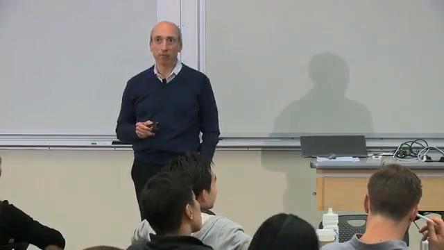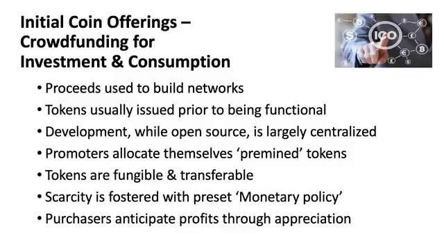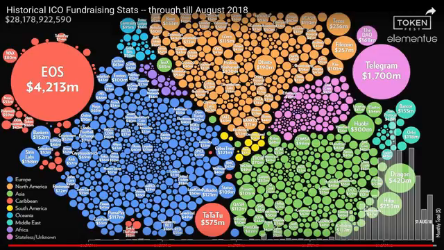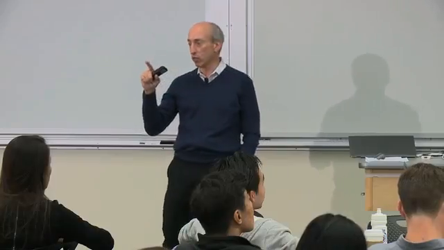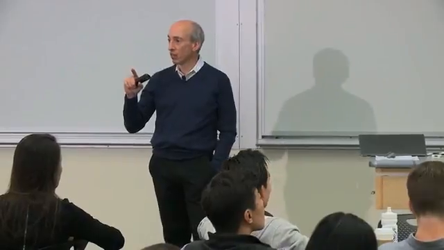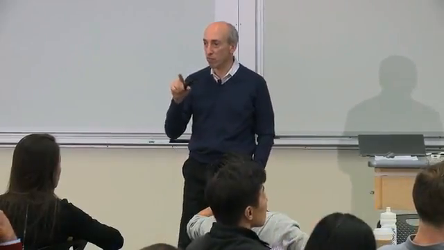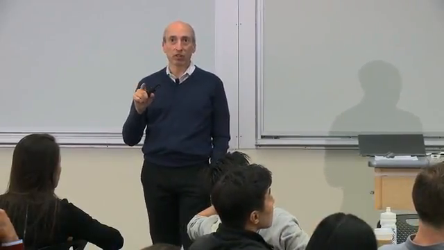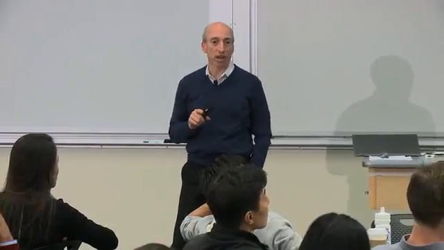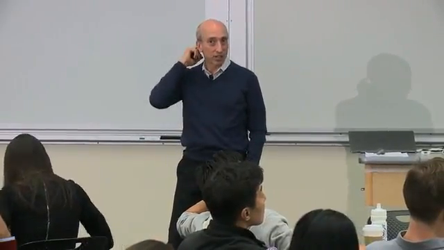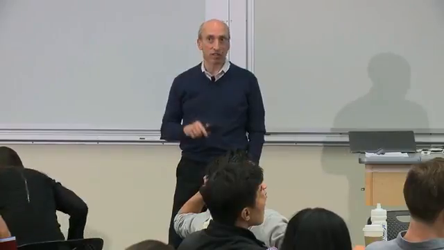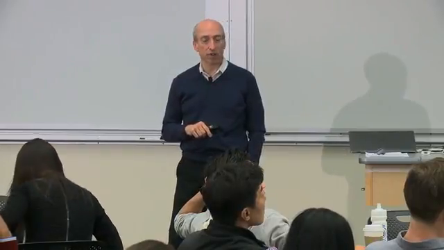Let me try to wrap up so that I can hand it off to Larry. There's been $28 billion raised, per one website, Elementus. Others that track it think it's only between 20 and 25 billion. There are no official arithmetic and no official records, but the $28 billion was raised in initial coin offerings. This is a neat video that I took the last slide of from Elementus.